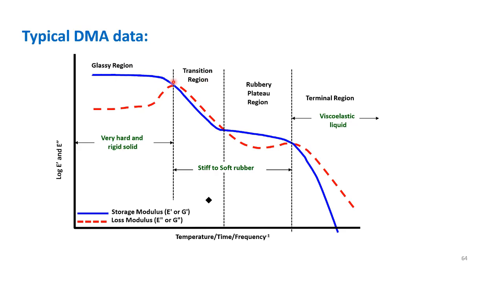Then we get a transition point. From there the transition region starts, and then we get a plateau, which is the rubbery region, and then again there is a cross where the viscoelastic liquid region occurs. This is plotted in the log range of storage and loss modulus, and the x-axis shows temperature, or time, or 1 by frequency, or also frequency.